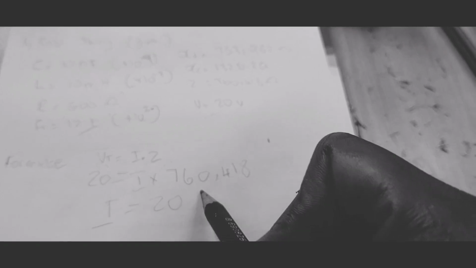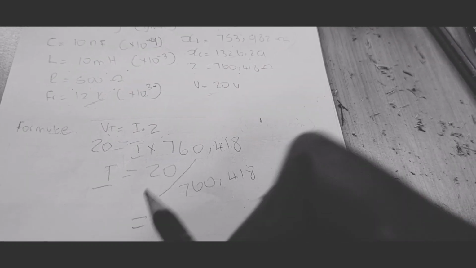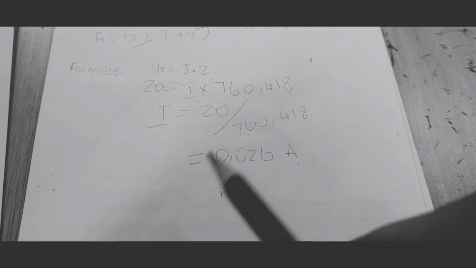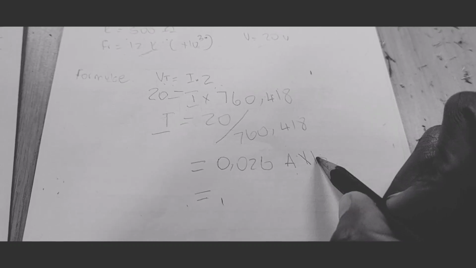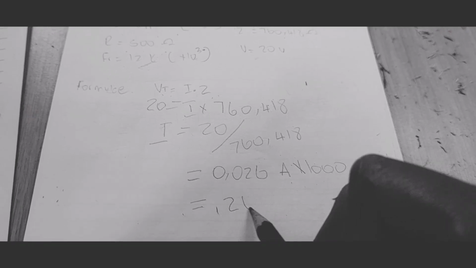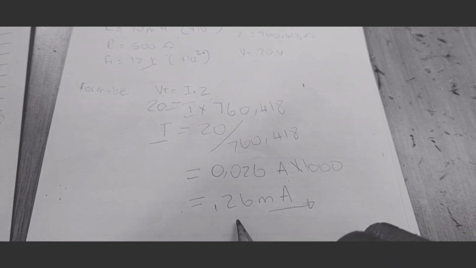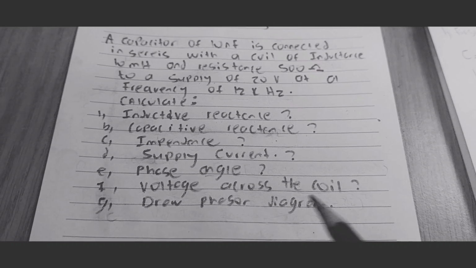I will be 20 over 760,418. Calculators, guys, in which I found my answer to be 0.026 A. I times it by 1000 because we want it in mA. Remember, m stands for 10 to the power of negative 3.